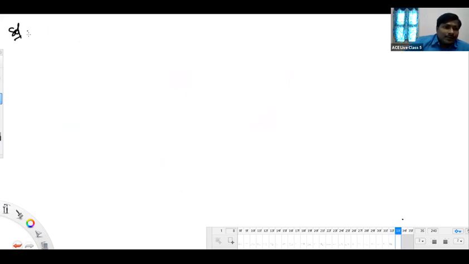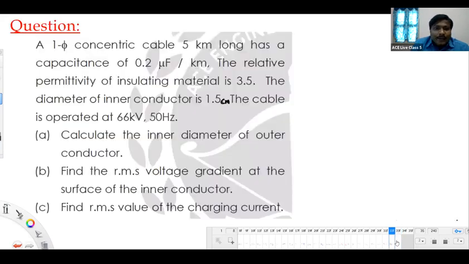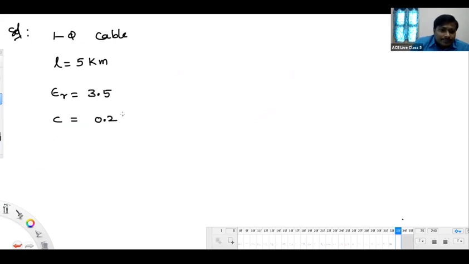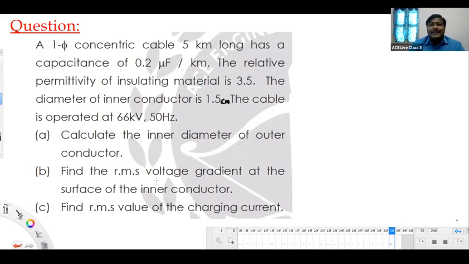We have a single phase cable. Length of cable is 5 kilometers. Relative permittivity of the insulating material is 3.5. Capacitance is 0.2 microfarad per kilometer.